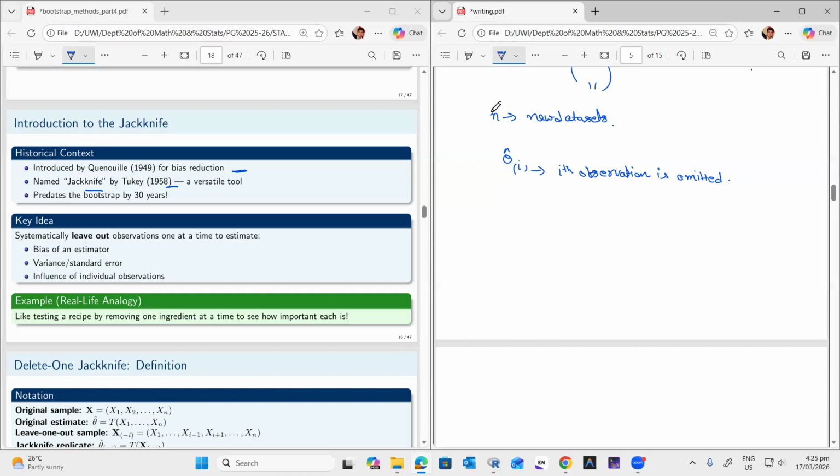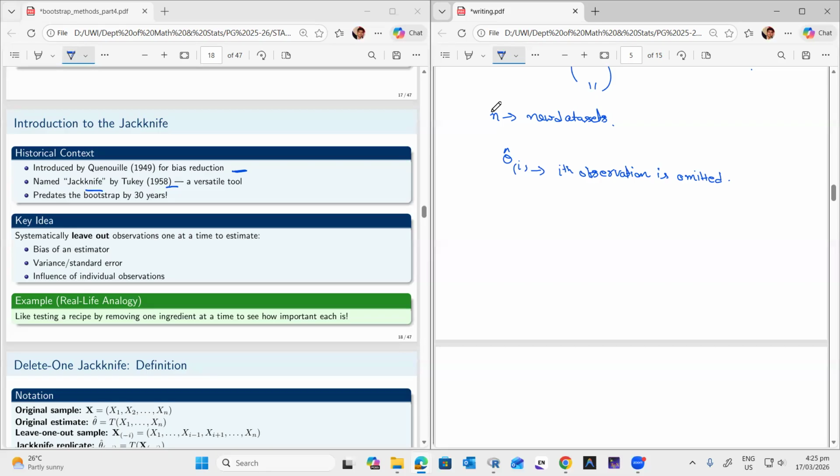So we prepare multiple versions of the cake, and in each version we leave out one particular ingredient. Then we compare all those results.